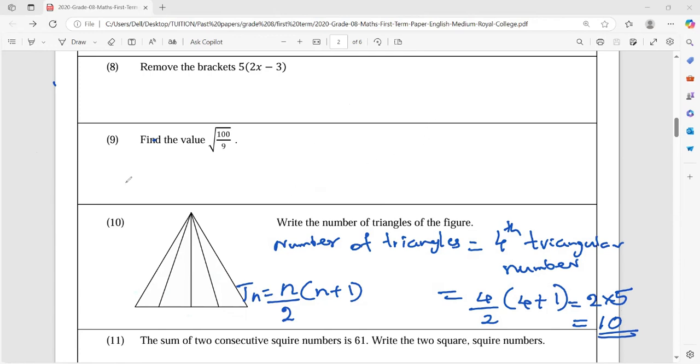And if you have something like this, let me draw another figure for you. You have a figure like this.